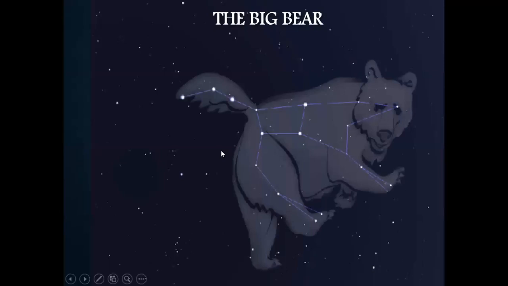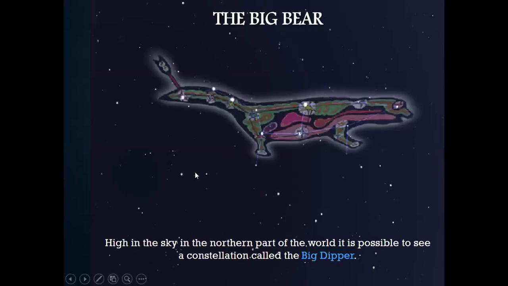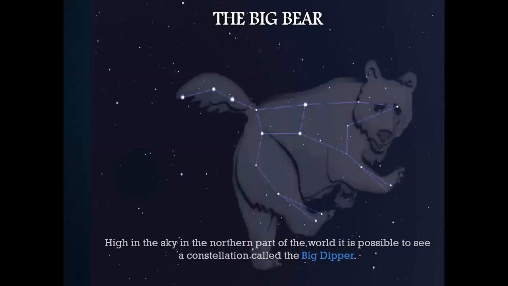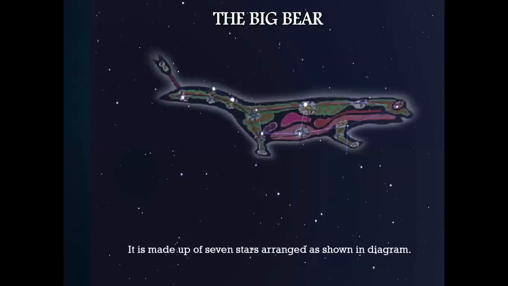Now the Big Bear. High in the sky in the northern part of the world, it is possible to see a constellation called the Big Dipper. It is made up of 7 stars arranged as shown in the diagram.